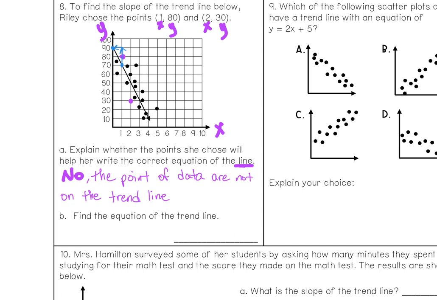All right, so for this one, you should have gotten y equals negative 20x plus 90.